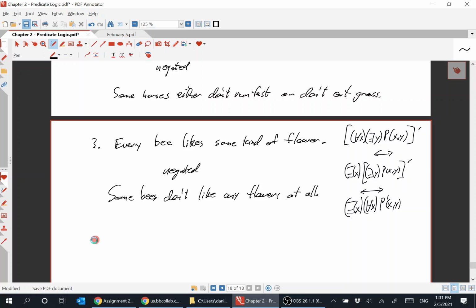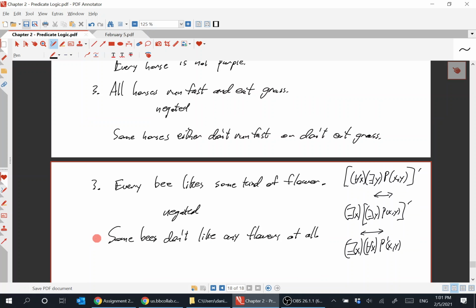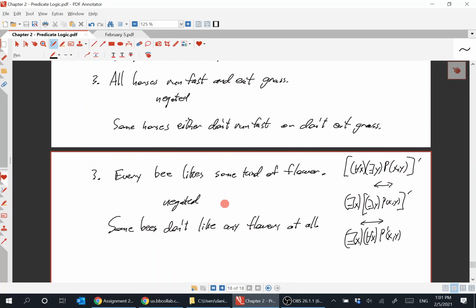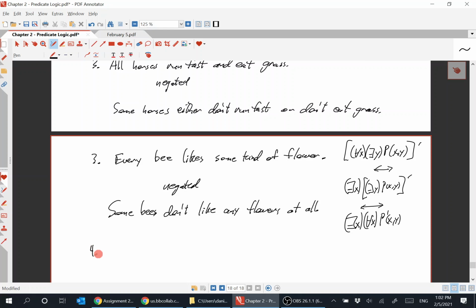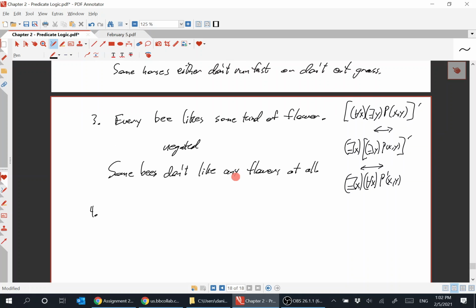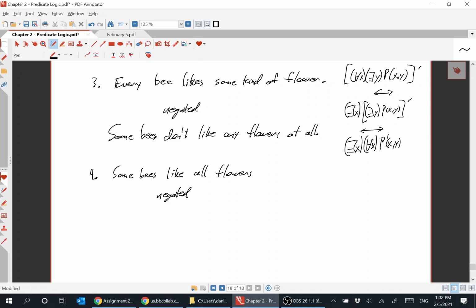Or if I said this, some bees like all flowers. So here we got some bees like all flowers.